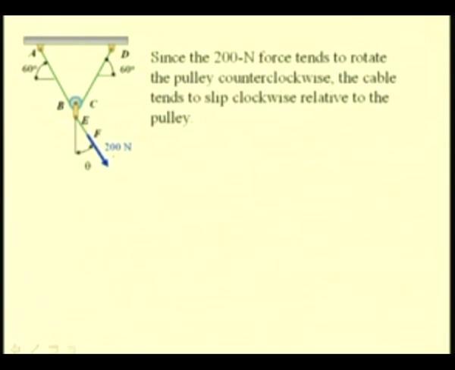This 200 Newton force tends to rotate this pulley in the counterclockwise direction, and since the cable is fixed at A, passes over the pulley and goes to D, the cable tends to slip clockwise relative to the pulley.